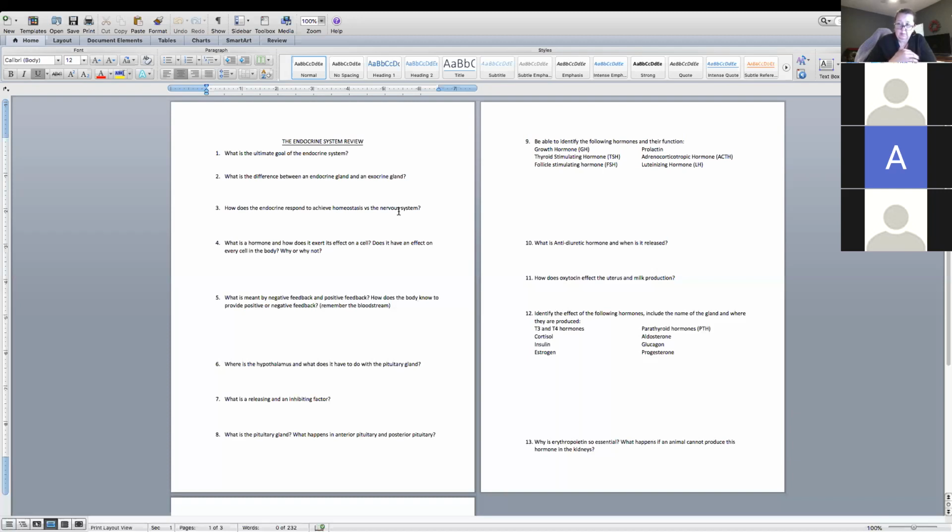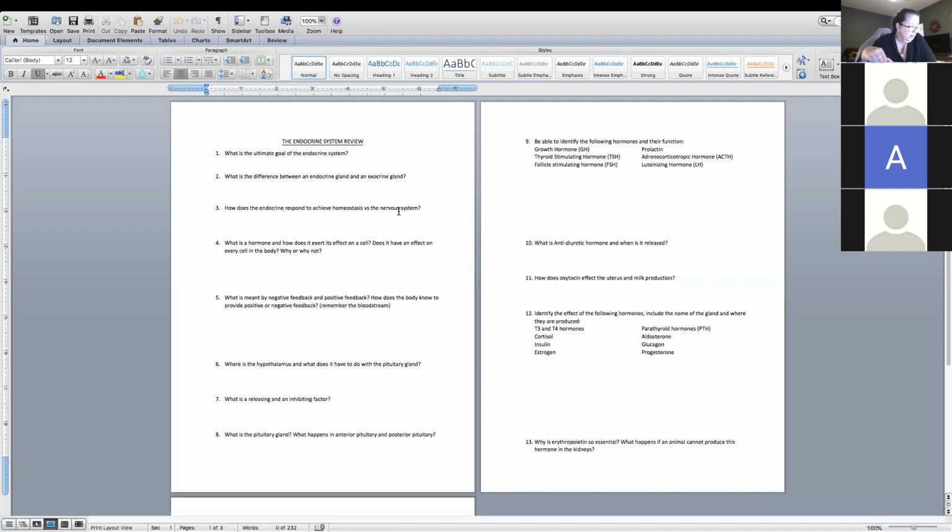The endocrine system's messenger is a hormone, but it has to travel through the blood. So the blood has to travel farther distances. That's why it takes longer to achieve its effect. So nervous system is fast, but the effects don't last as long. Endocrine system takes longer, so to speak.